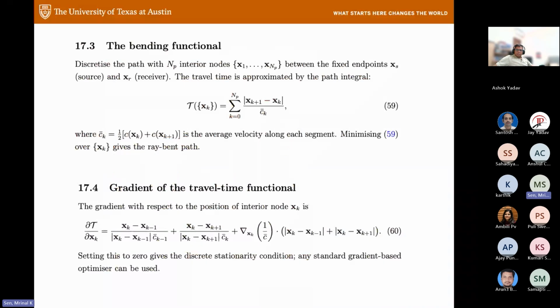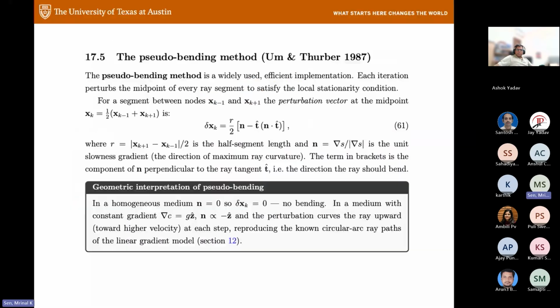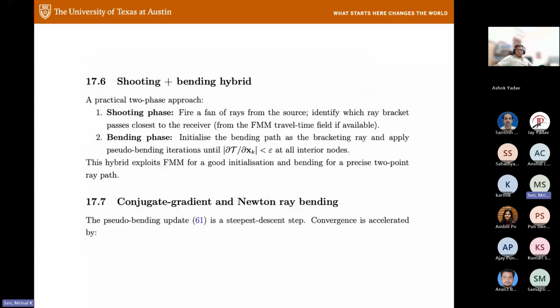The way they compute this bending functional is that, let's say this is your tau, and for each ray path it is basically an integration over this. Then you can calculate the gradient and use that to do this.